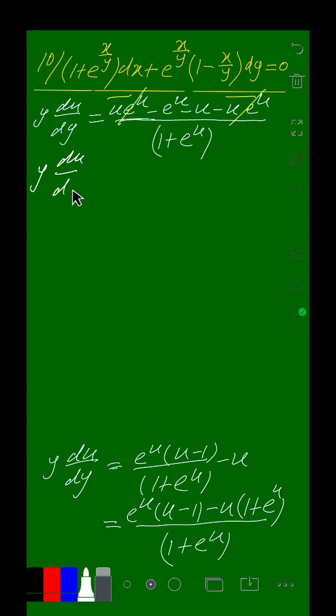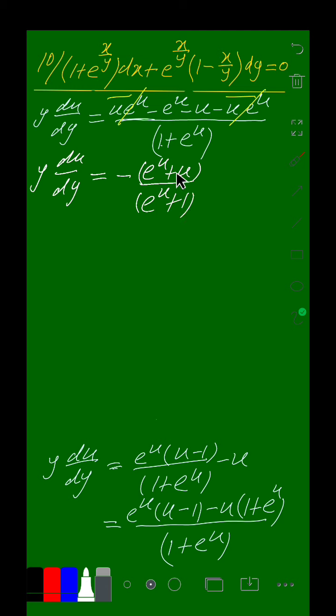y du upon dy is equal to, and here we may take minus common out of these two terms, so we may write it as e raised to the power u plus u, and 1 plus e raised to the power u may be written as e raised to the power u plus 1.